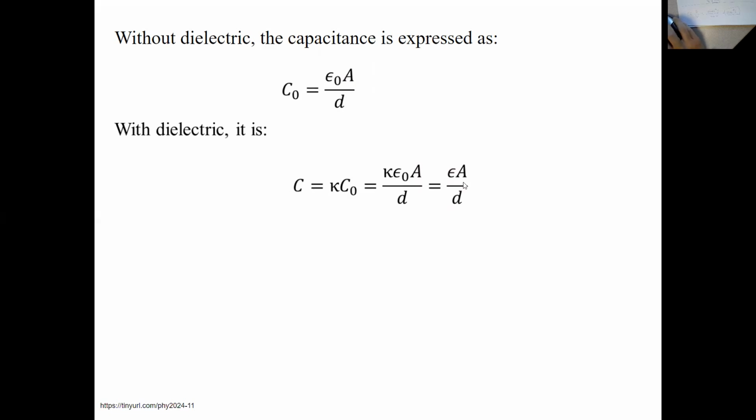So it's equal to the permittivity of the material times A divided by D. Similar expression, but here epsilon is kappa times epsilon naught. So that's your new capacitance.